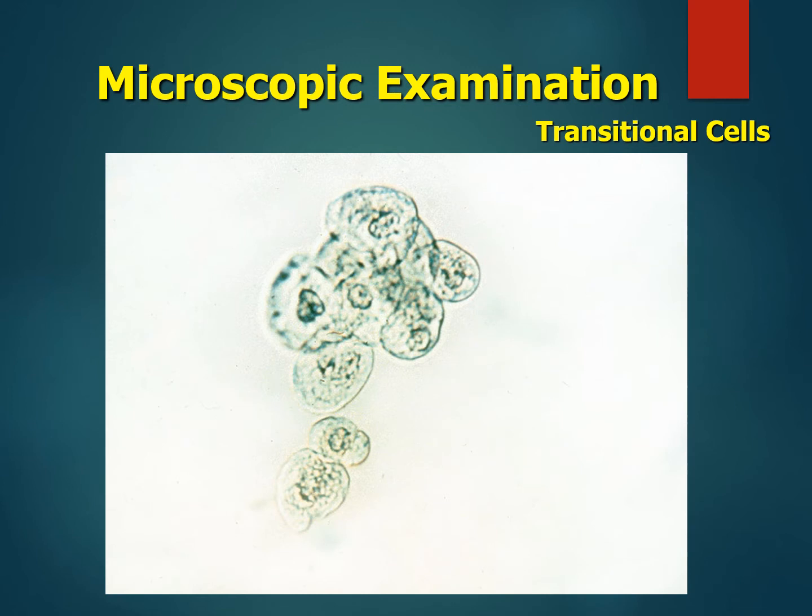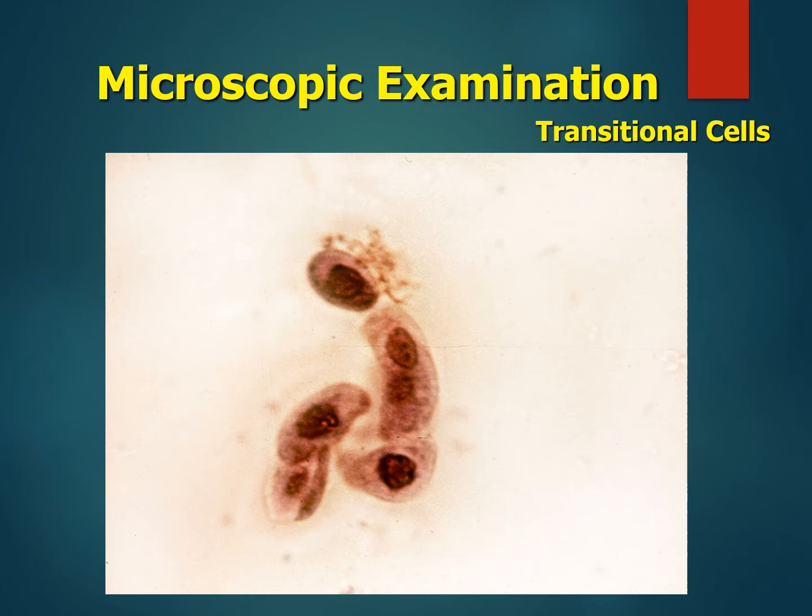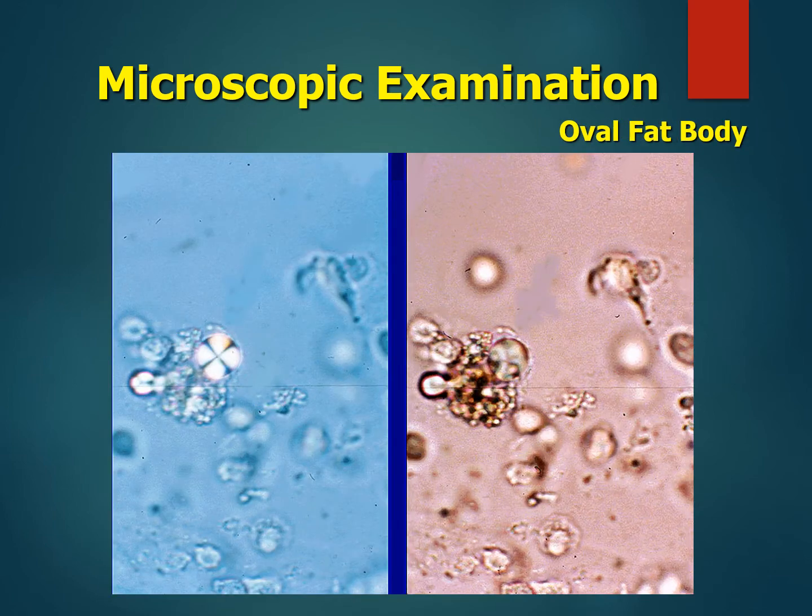Transitional cells are shed from the bladder or the renal pelvis, and this is normal in some. Those are again transitional cells. Oval fat body cells are very pathognomonic and very important in nephrotic syndrome. Oval fat bodies are very important to know, and are also pathognomonic for some other diseases.